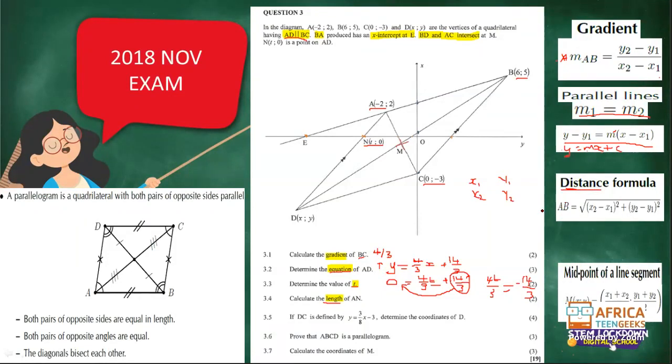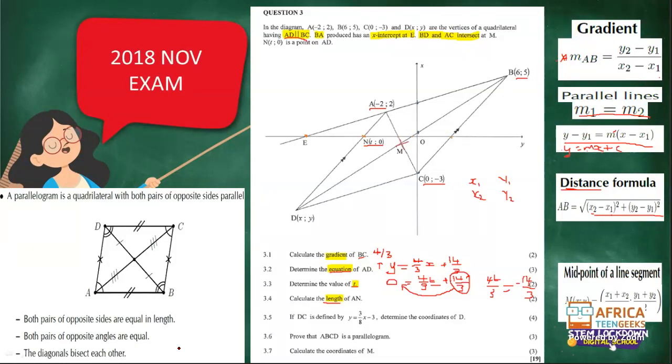So please make sure that you substitute your values correctly. Okay. Because now you have your coordinates for N. So you have two coordinates and their x and y values. Then you substitute correctly and then you get your AN.